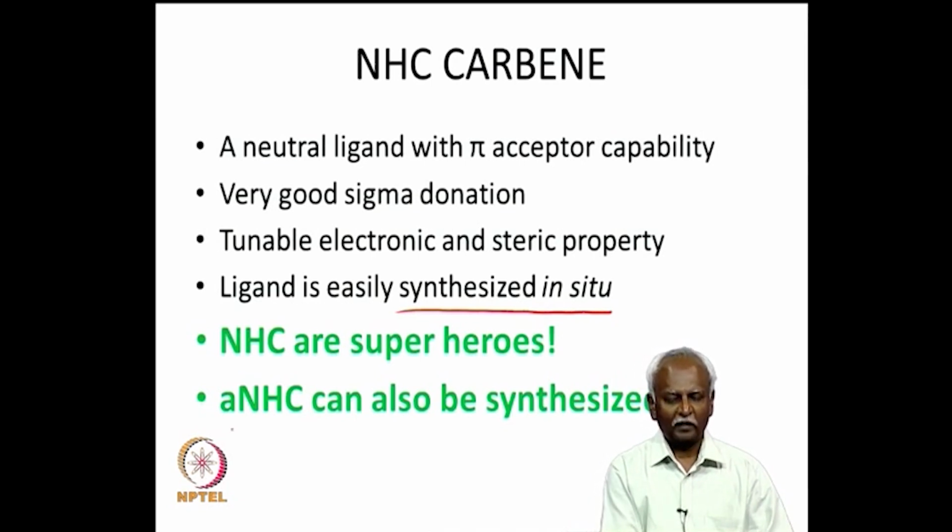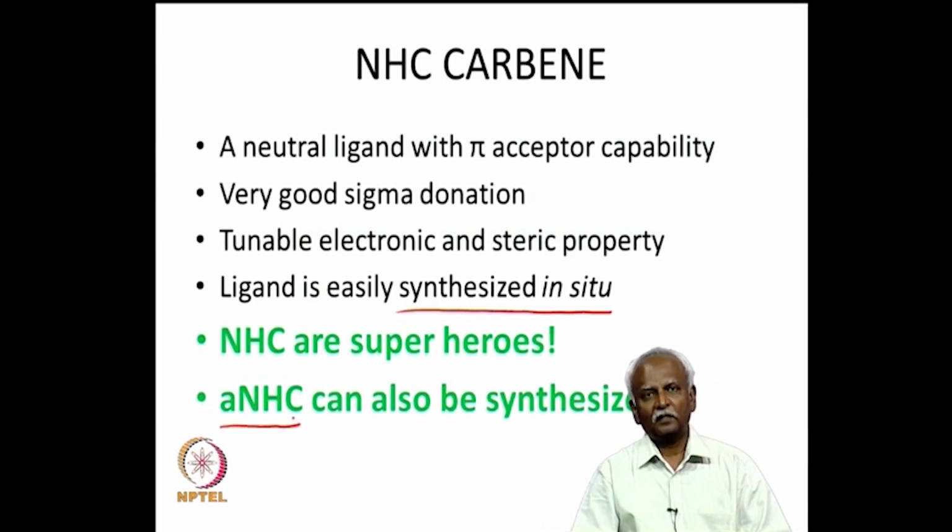The abnormal N-heterocyclic carbenes that we just saw can also be synthesized very easily in the coordination sphere of the metal atom, and they can be synthesized as isolable carbenes also, and so they have been touted as very interesting species which can be used for catalysis.